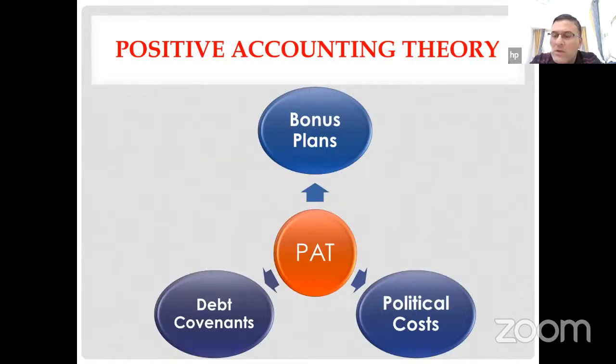What are these factors? These factors include mainly three things: bonus plans, debt covenants, and political cost.